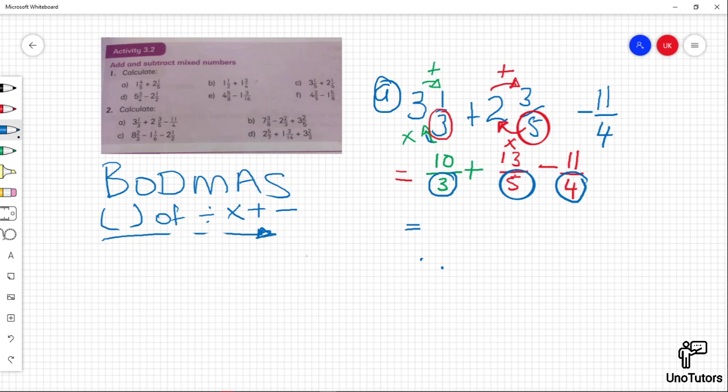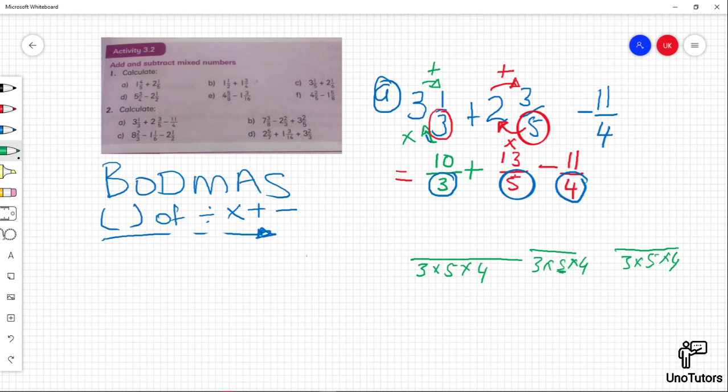So how do we find the lowest common multiple? One way to do it is to just times all the numbers. We draw a line and say 3 times 5 times 4.